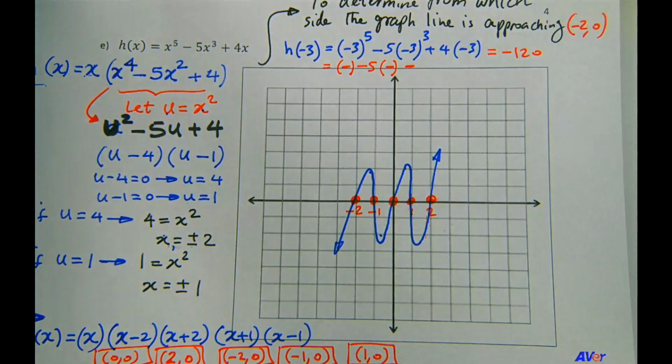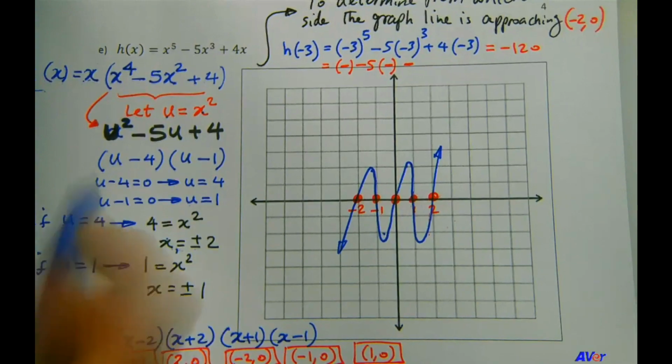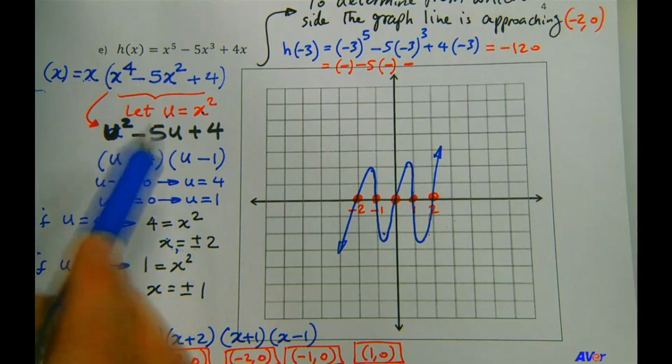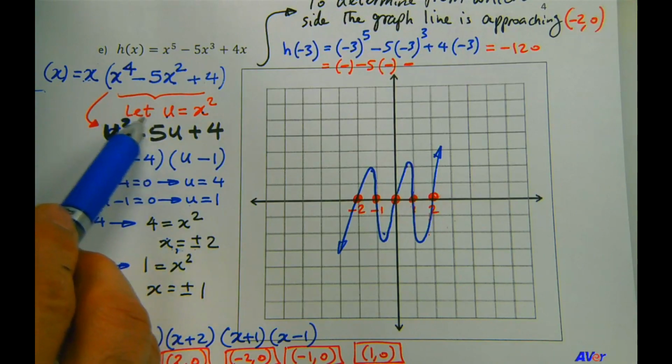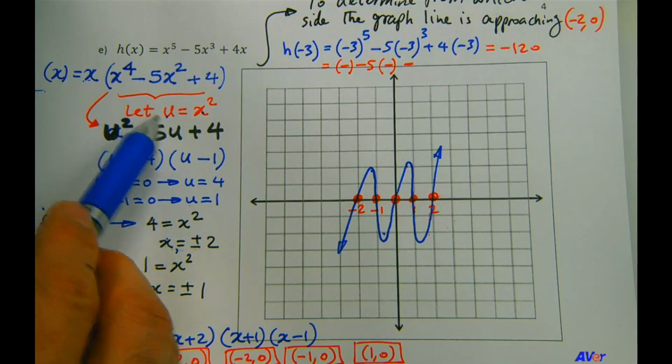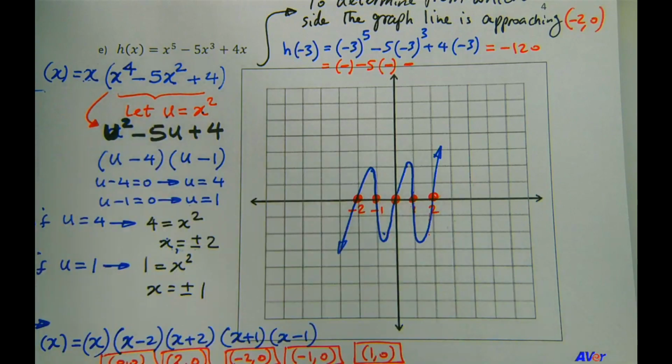Okay? So that's a rough sketch of this polynomial. The nice thing about this is that we had to remember a method or technique that we have learned before. It helps us refresh our mind and remember some of the skills we've learned before.